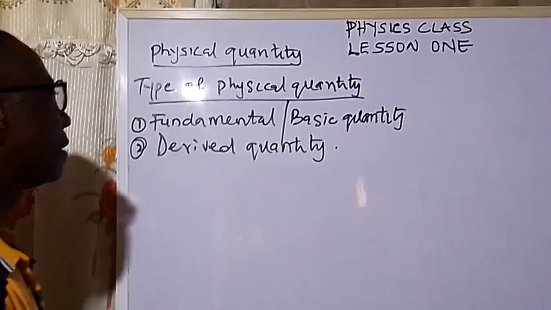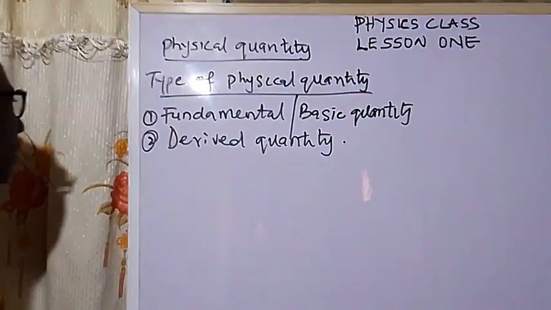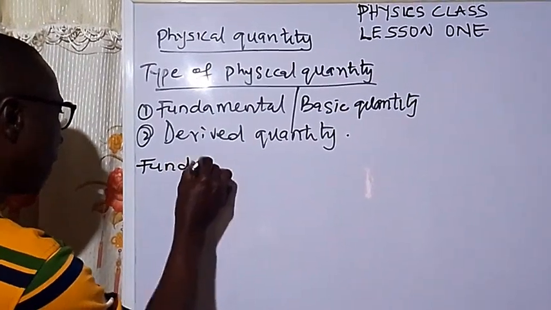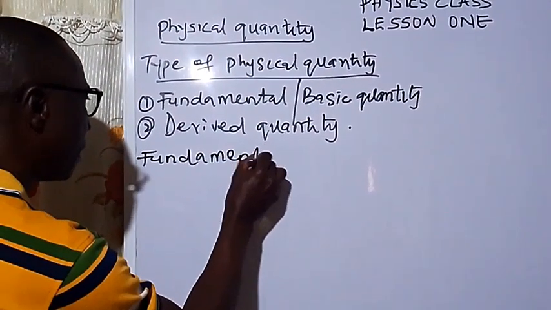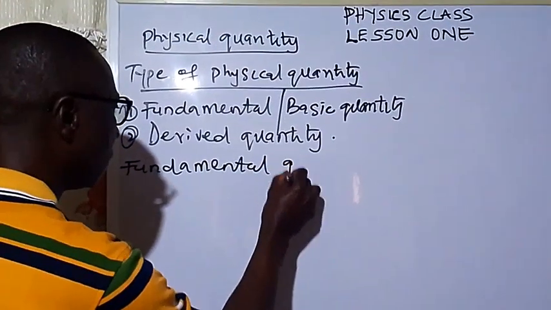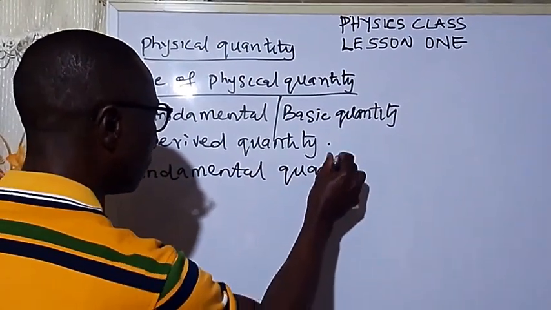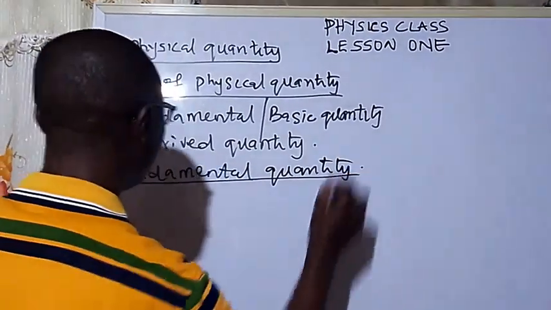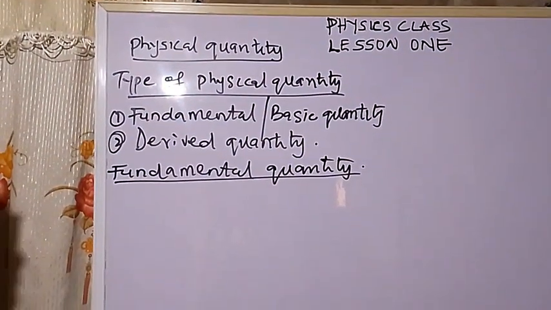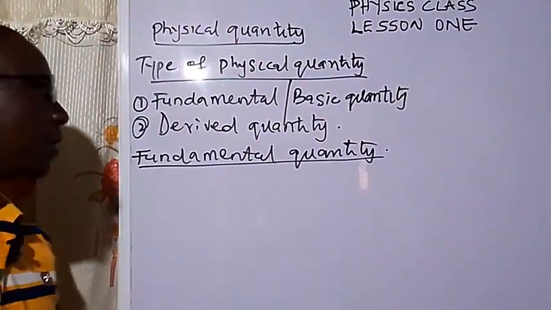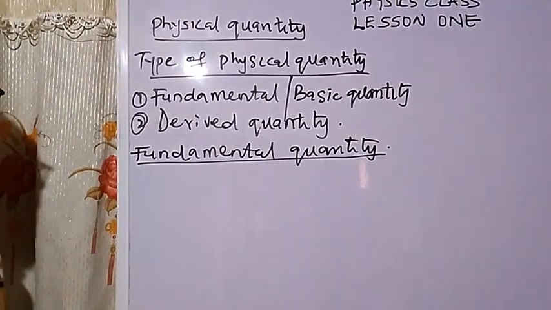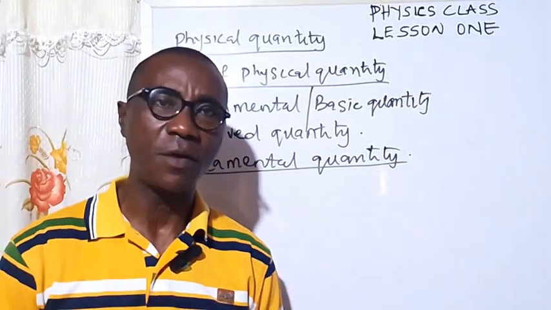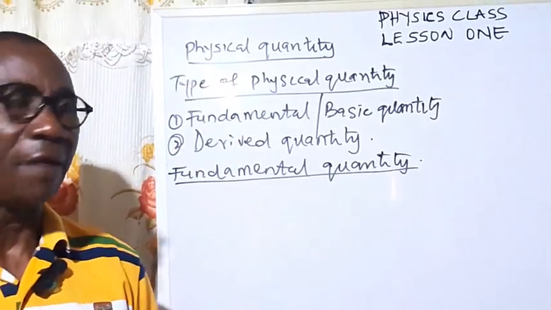Now, let's take them one after the other. The first one, fundamental quantity. Fundamental quantities are quantities from which all other physical quantities are being derived.